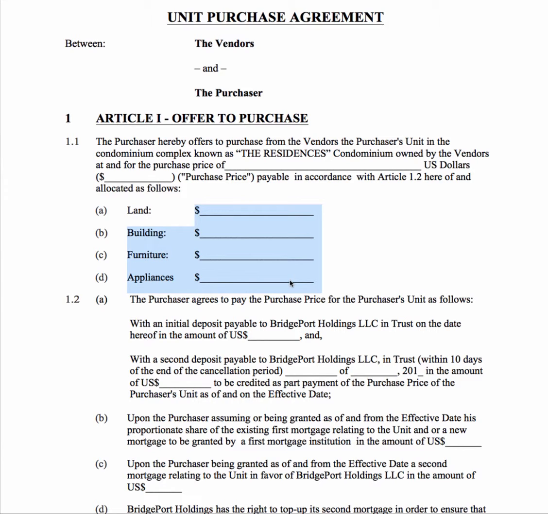The reason we do this at this point is for you to be able to take depreciation and to know upfront what you're entitled to. In Canada, we're not allowed to depreciate land, but we're allowed to depreciate building, furniture, and appliances. I would recommend that you speak to your accountant about this, but this is what you're allowed. It's a split of the purchase price in relationship to what is depreciable.